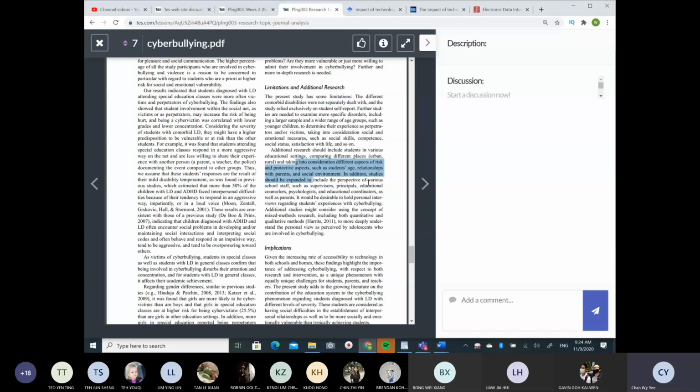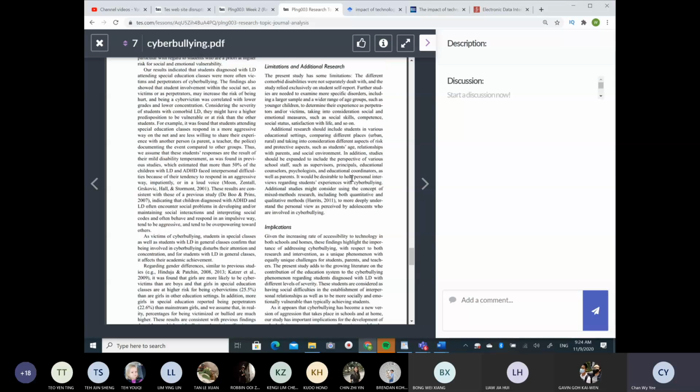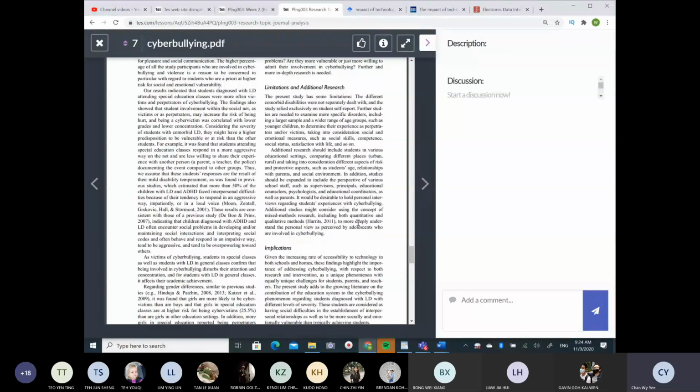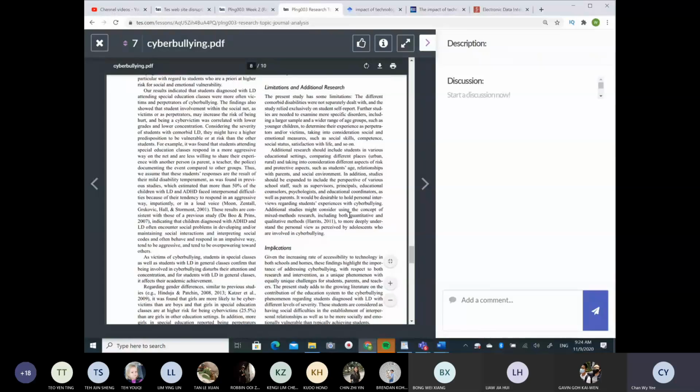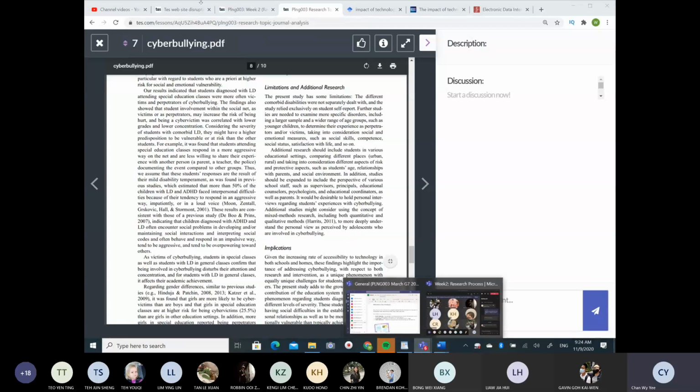So they want to branch their study to different places, comparing students from different social status, and also to look into their age, their relationship with their parents and other environmental factors. They are also telling future researchers who are interested in this field to study all these things.